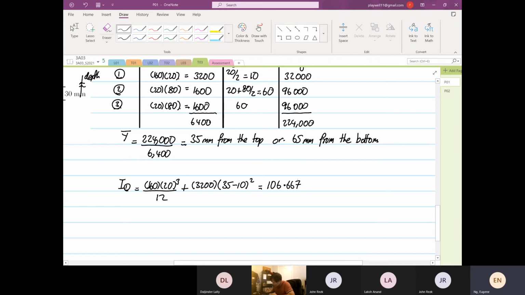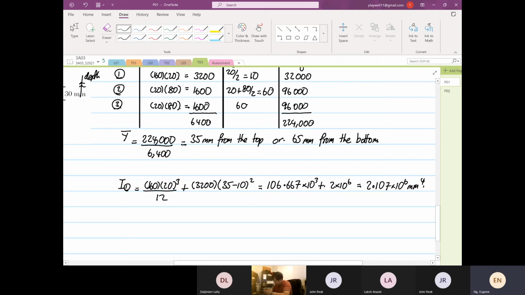So write this number down when you calculate, okay? And then plus (35 minus 10) squared times 3200 is equal to 2 times 10 to the power 6. So this is equal to 106.667 times 10 to the power 3 plus 2 times 10 to the power 6, which is 2.107 times 10 to the power 6 millimeters to the power 4.